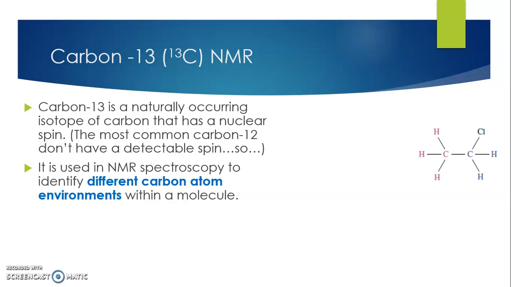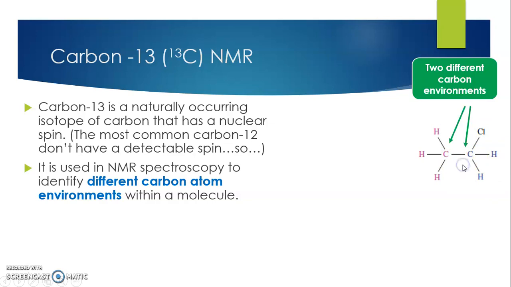So for example, here in this molecule we have 2 carbons, and you notice because the carbon on the left is connected to 1 carbon and 3 other hydrogens, as compared to this carbon that is connected to a chlorine and 2 other hydrogens, they are in 2 different carbon environments.